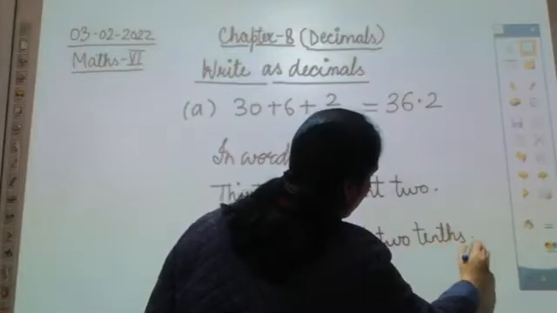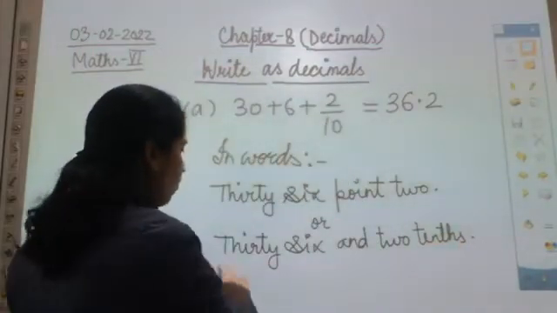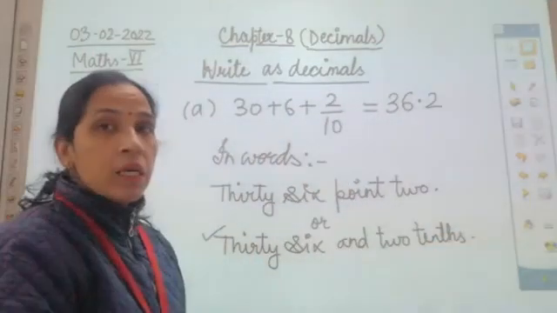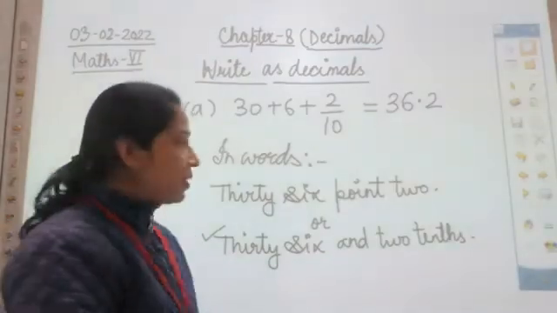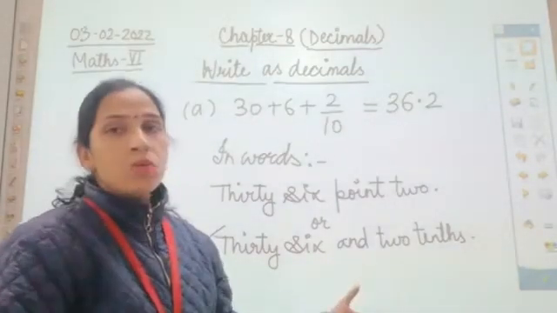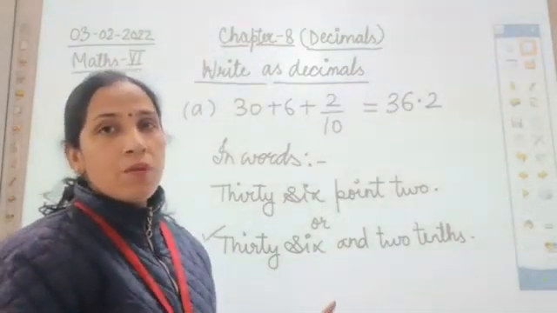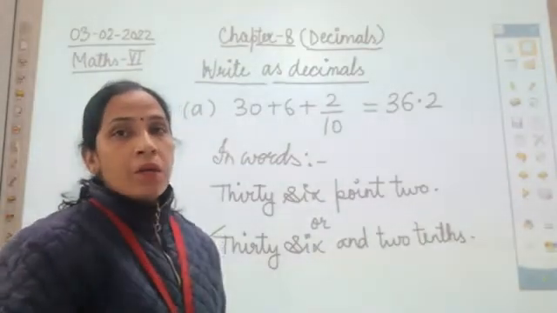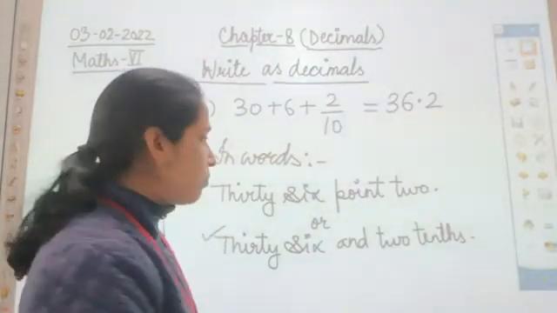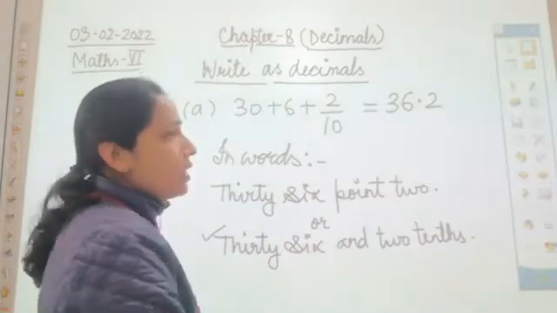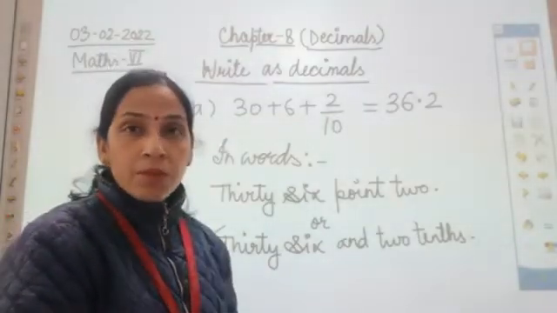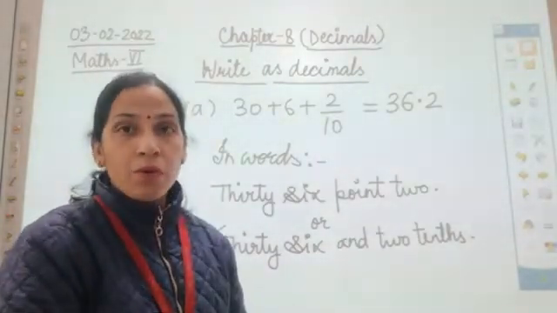So sometimes you are given this form also, and you must know it, since sometimes you are given this form only and you need to write it in decimal form, or you need to write it in expanded form. Sometimes you are given it in words and then asked to write it in decimal form as well as in expanded form.